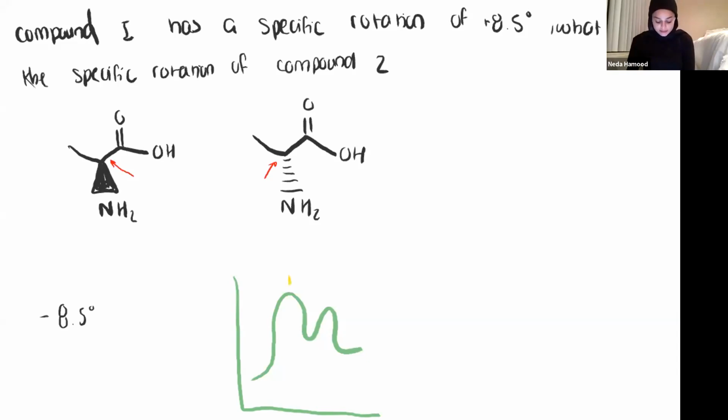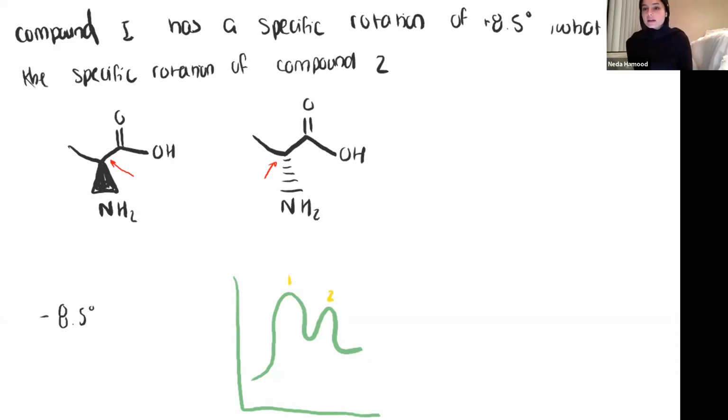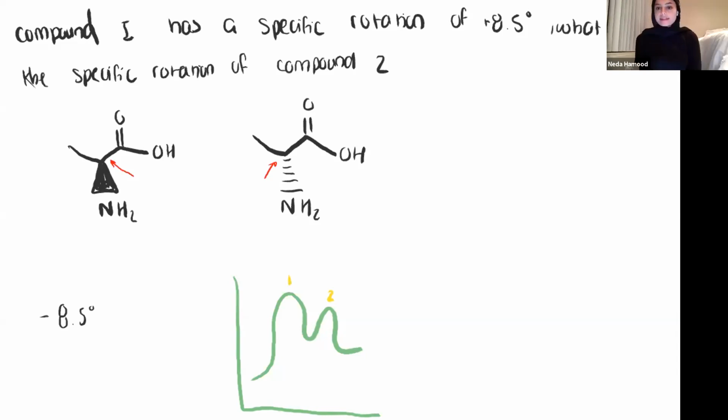Is it at 1 or 2? 1. Yep, it's at 1, because that's where the highest activation energy is. Cool. Endothermic, SN1, rate determining step is at 1.